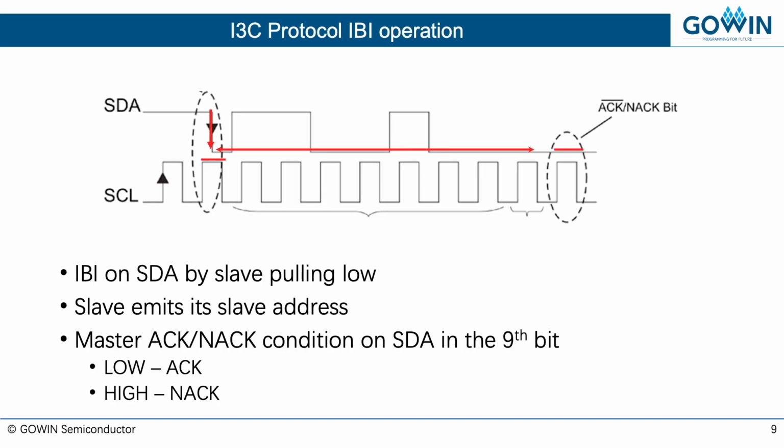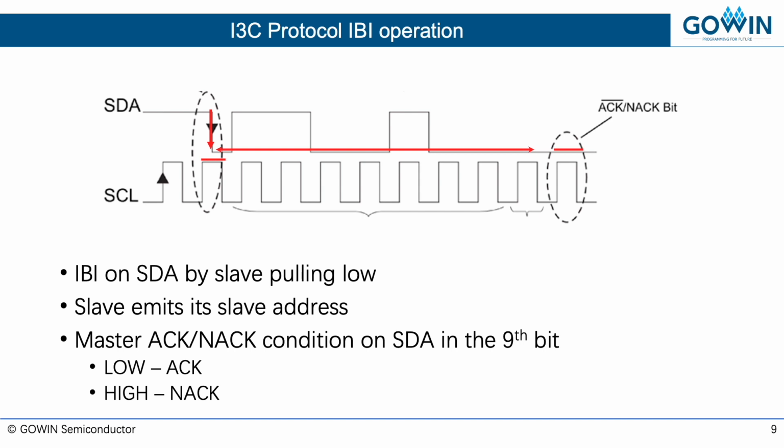In I3C, there is no separate interrupt line for the I3C slave. The interrupt lines are embedded in the SDA and SCL lines. Here is how it goes. When an I3C target or the slave wants to interrupt the processor, it does so by pulling the SDA line low when the bus is idle. It then starts emitting its slave address.